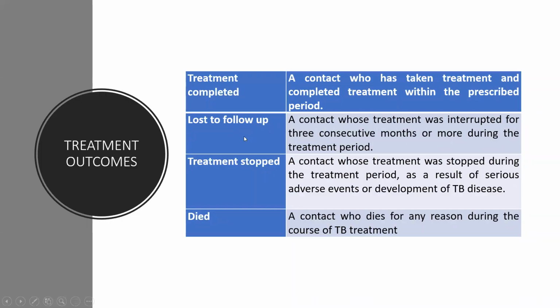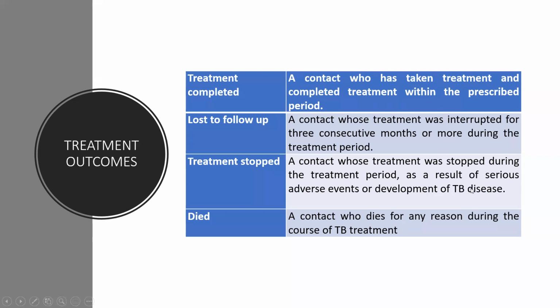The other treatment outcome is loss to follow-up. These are contacts whose treatment was interrupted for 3 consecutive months or more during the treatment period, so you categorize them as loss to follow-up. And then treatment stopped: a contact whose treatment was stopped during the treatment period as a result of a serious adverse event or development of TB.